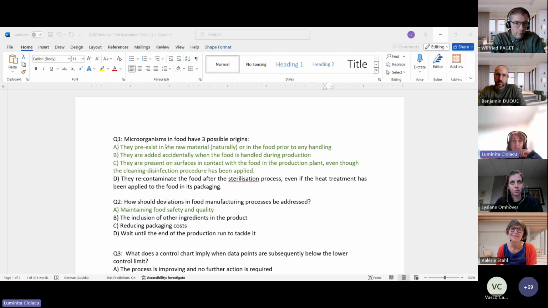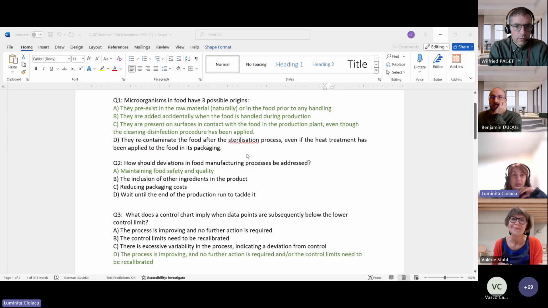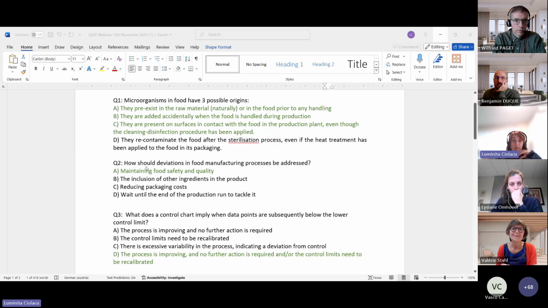So microorganisms in food have three possible origins: they pre-exist in the raw material naturally, they are added accidentally when food is handled during production, and they are present on surfaces in contact with food. So those are the answers that you needed to tick. The next question, how should deviation in food manufacturing processes be addressed?